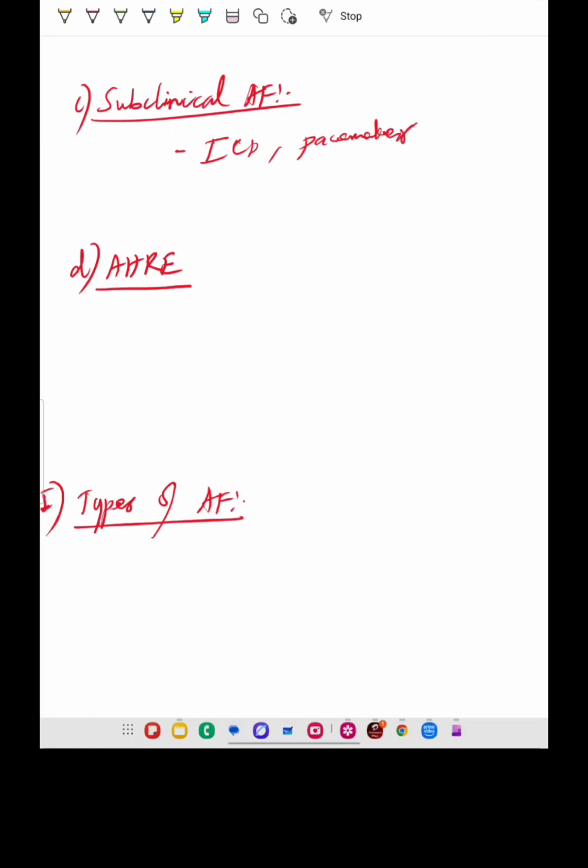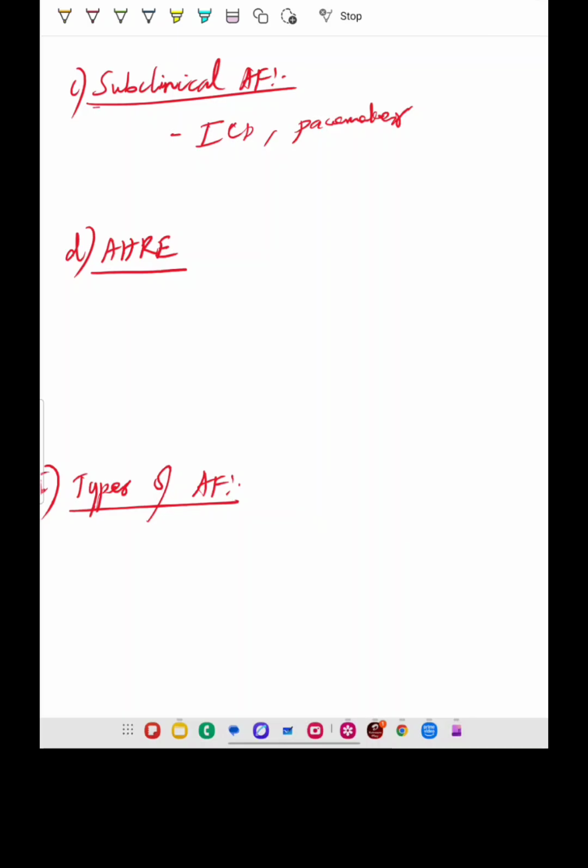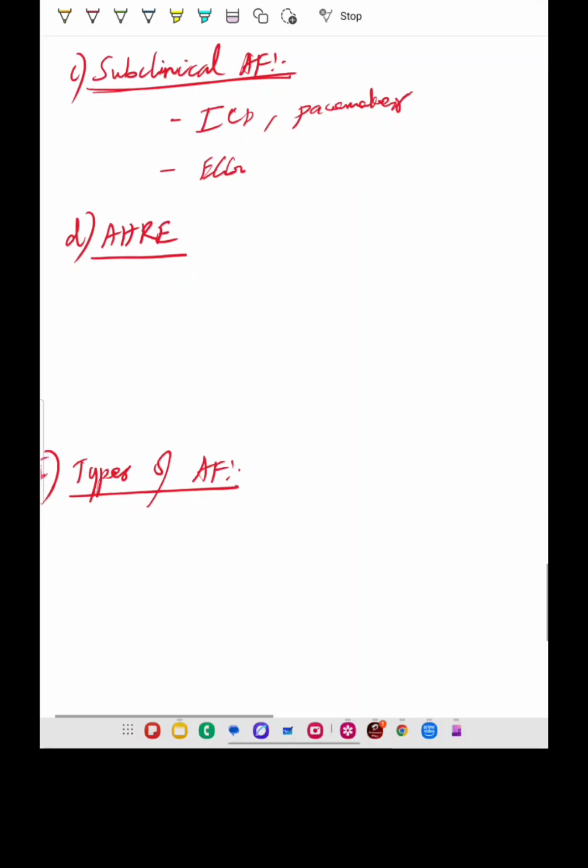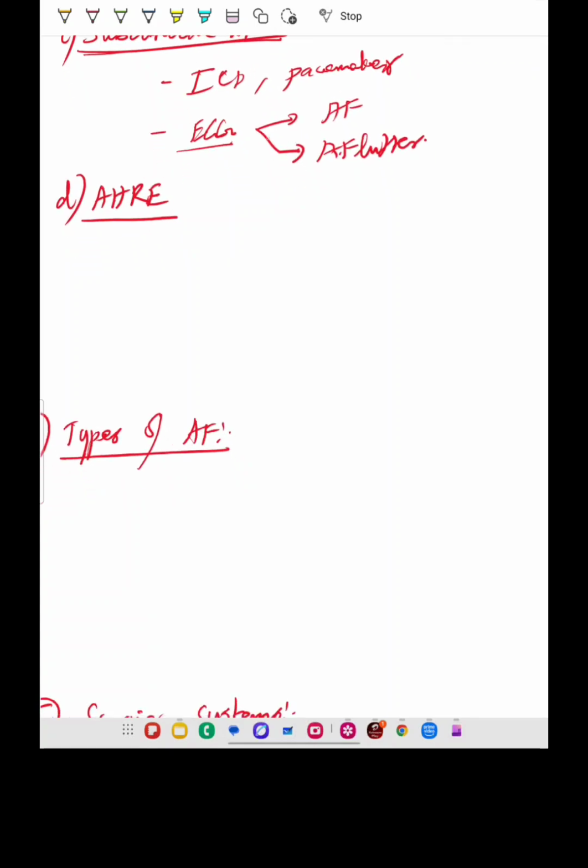When you have a diagnosis of subclinical AF, you'll have to support the diagnosis with an ECG. So you have a patient with subclinical AF and you take an ECG, and that patient might have AF, atrial flutter, or atrial tachycardia.